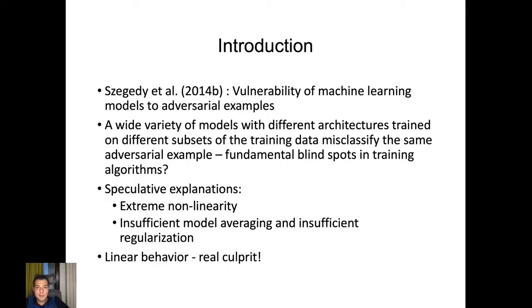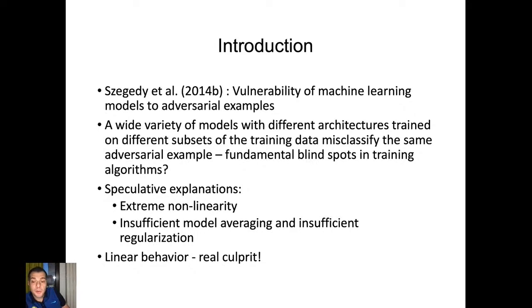Okay, so in their first work, we have seen this vulnerability of machine learning models to adversarial examples, and they proposed two explanations.